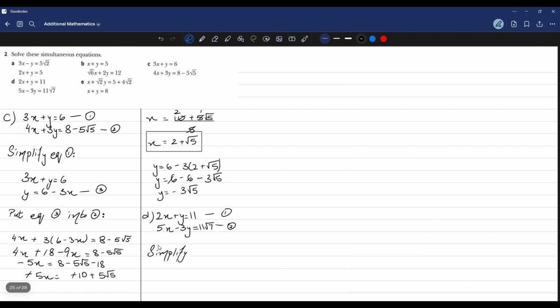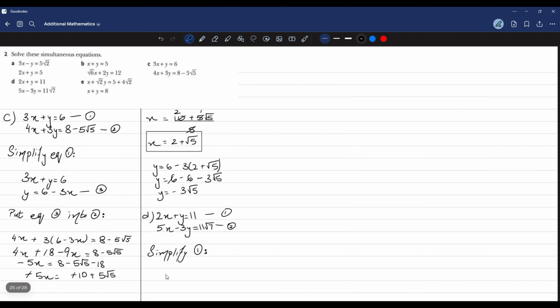You can simplify equation 2 or equation 1, or even use any other method. But I like to use the substitution method. It's much easier for me. It depends on your choice. Anyone can use any method they like. I prefer using the substitution method. So simplify equation 1. Again, it's not necessary.